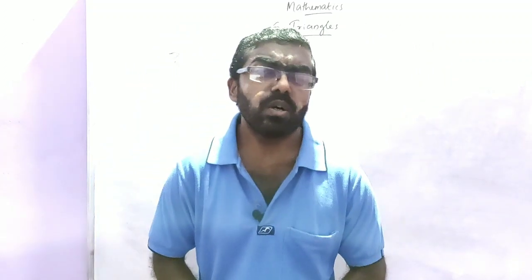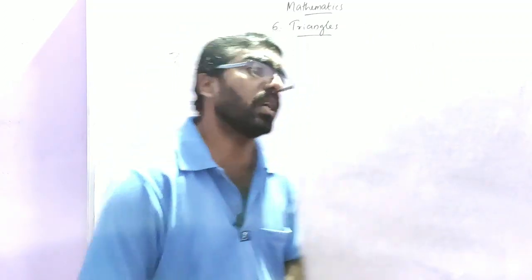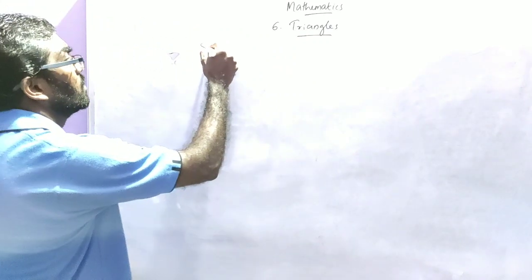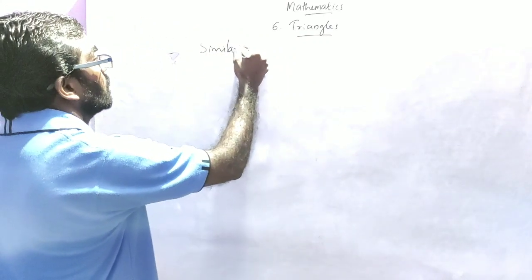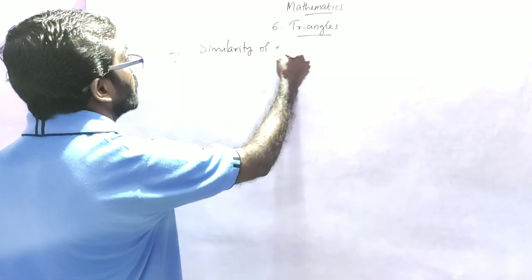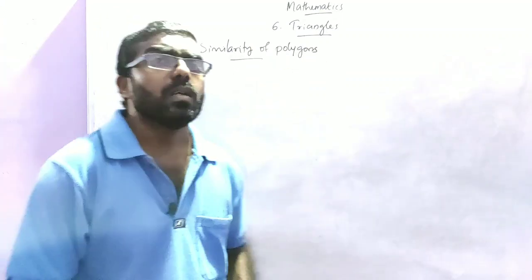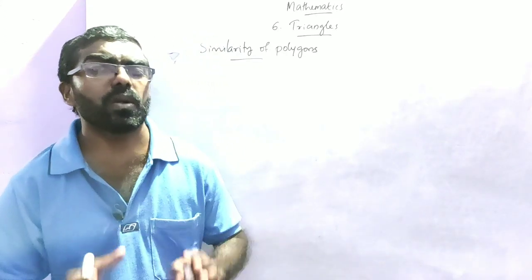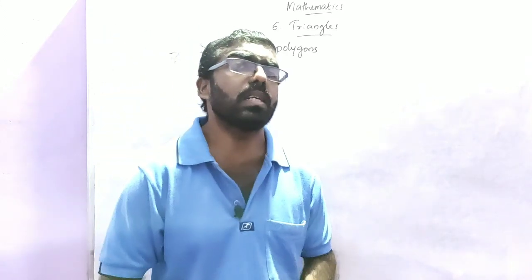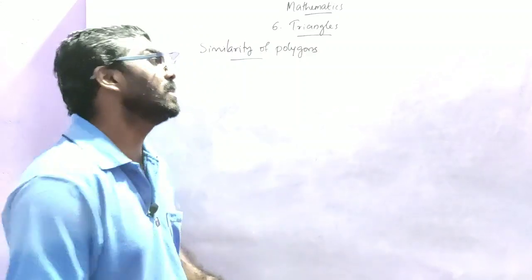Now we move on to the next topic, similarity of polygons. Two polygons with the same number of sides are said to be similar if they satisfy two conditions.